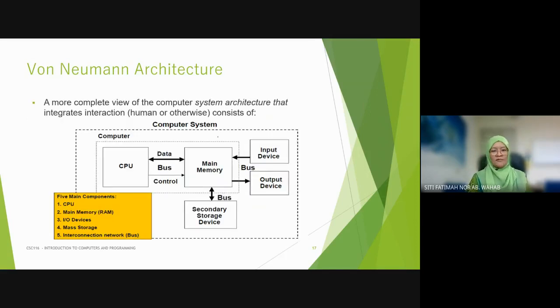This is a more complete view of the computer system architecture. It consists of the CPU, the first one is the CPU here, and then the main memory here, the input-output devices here, the mass storage here, and also the interconnection network, the bus.